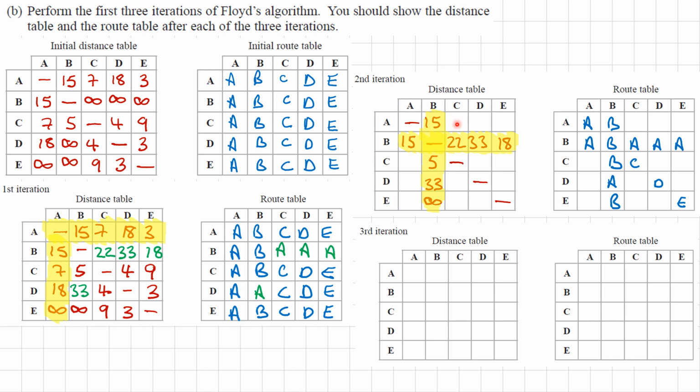So we'll start with here. So 15 plus 22, that's going to give us 37. 37 is greater than 7, so no change to the value and no change to the letter.